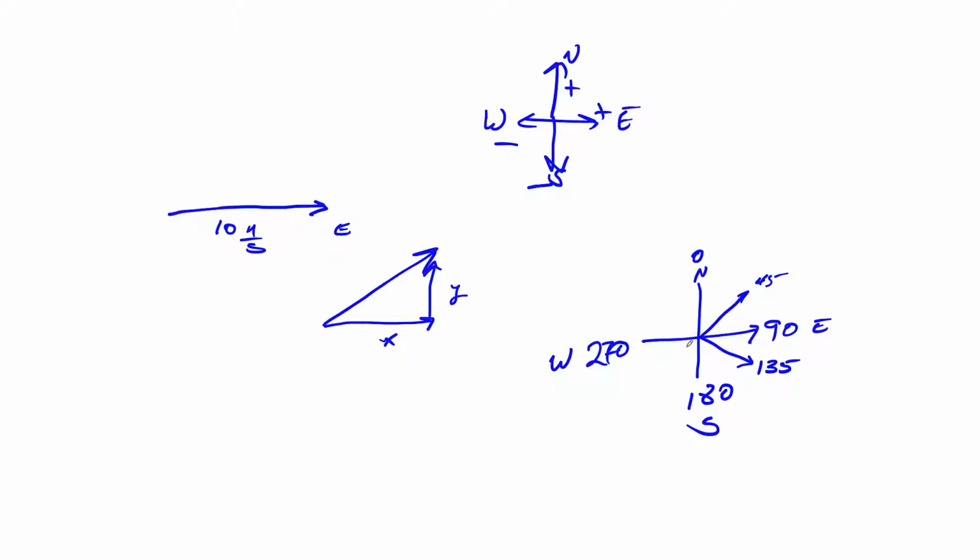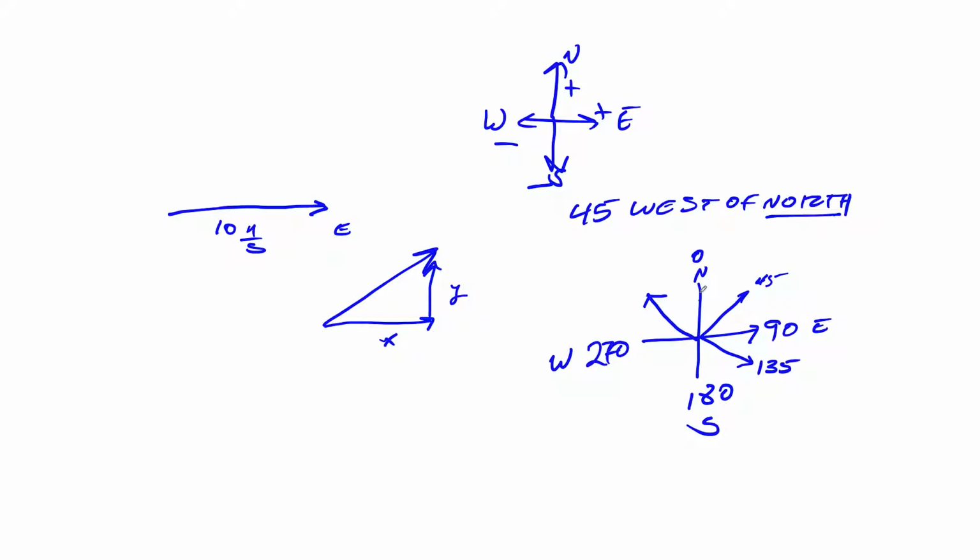But a lot of the problems you're going to see in the assignment go 45 degrees west of north. To interpret this, north is the primary axis, and we're going 45 degrees west of north.